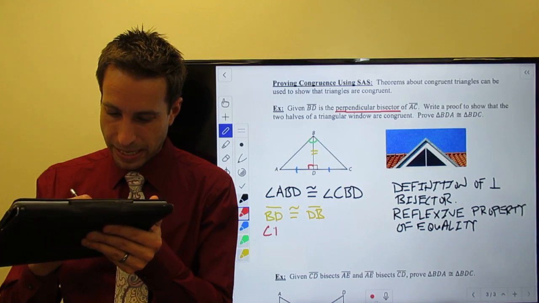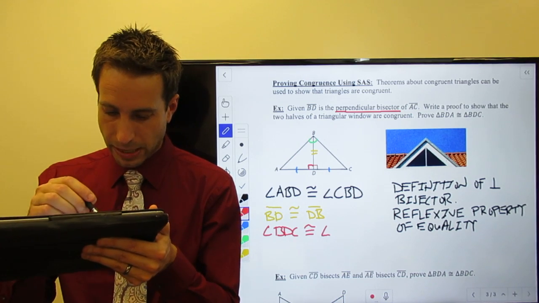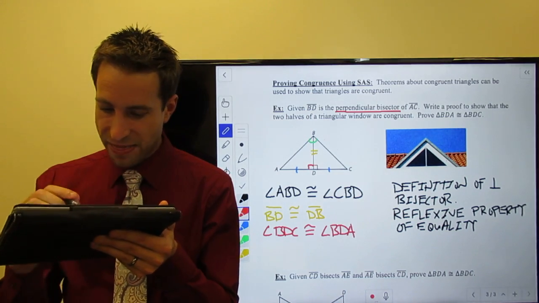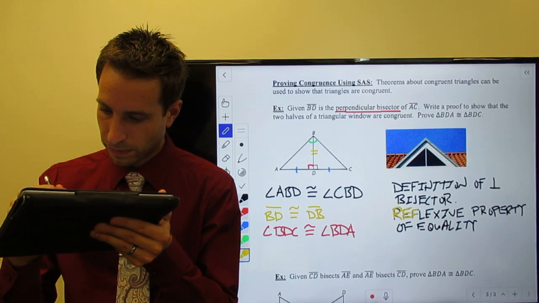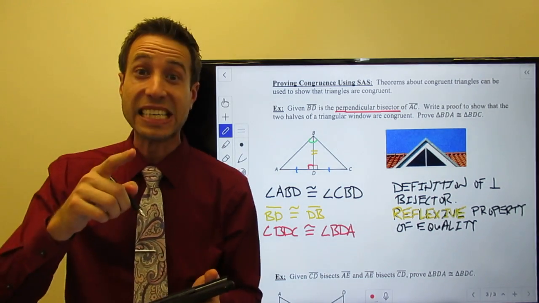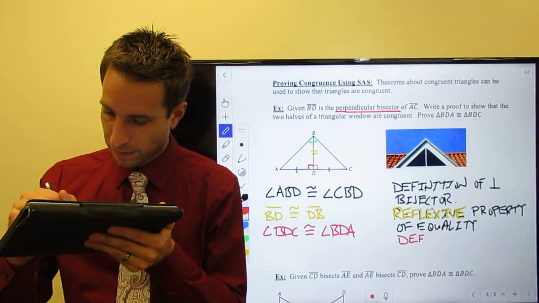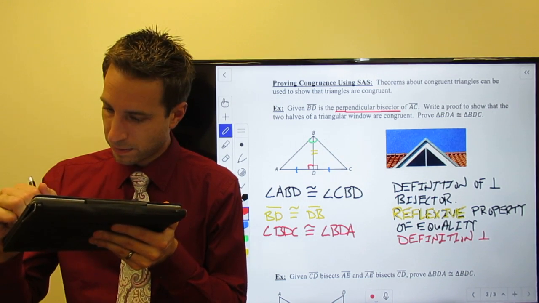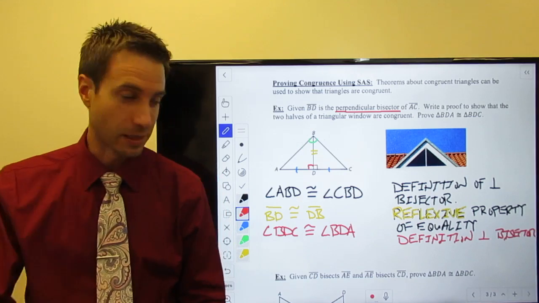Angle BDC is congruent to angle BDA, and that is the definition of perpendicular bisector. Sorry, I'm squeezing because I'm running out of room here.